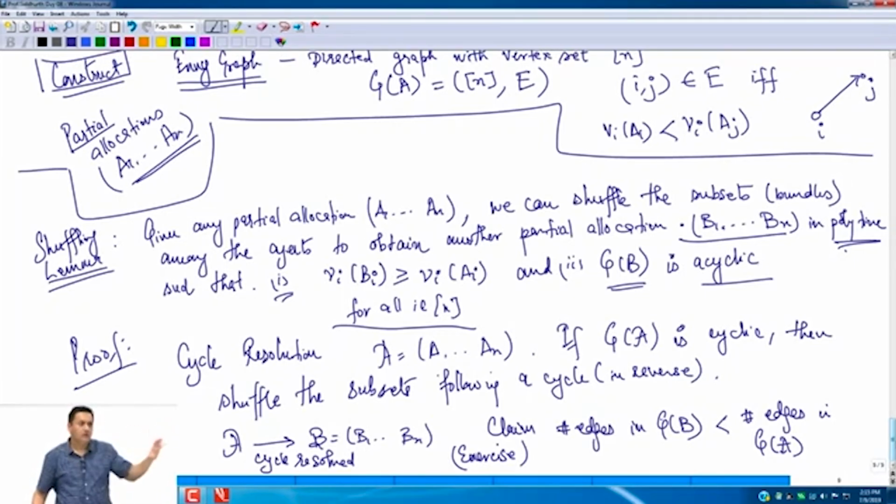The idea worked when I had source vertices in the NV graph, and now in parallel I have proved to you that I can always make this NV graph acyclic. So this is almost without loss of generality. I can work with an allocation where the graph has no cycles. How do I merge these two ideas together?